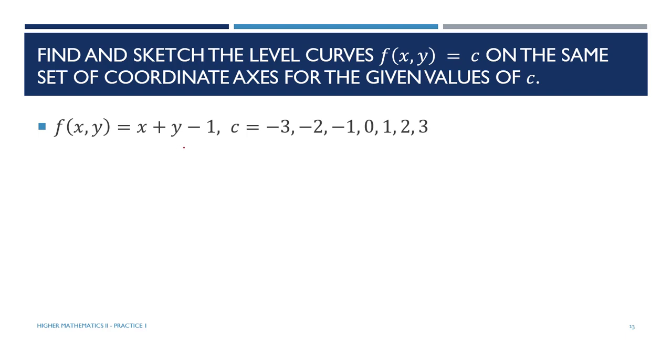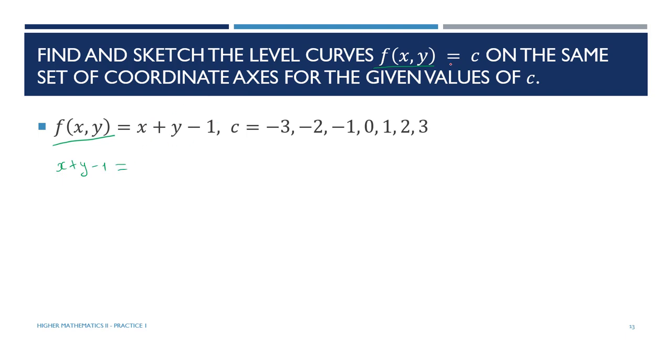Okay. We have here f of x, y equals c. I have here f of x, y equals something. This is a function. And c equals -3, -2. Okay. Here are all the c's. Let me write this expression. x plus y minus 1. Instead of f of x, y, I will copy this here. And it's equal to c.